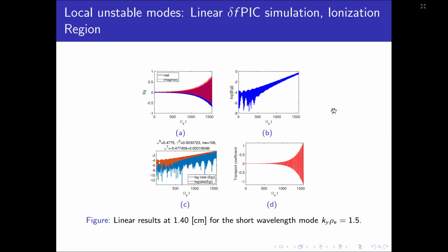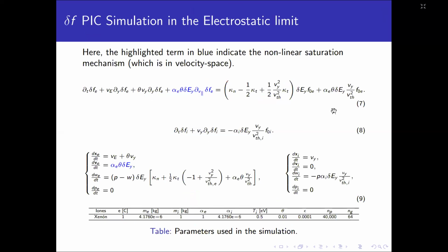As you can see here, I don't have the saturation mechanism yet. For example, I highlighted here in blue this nonlinear term that is responsible for the nonlinear saturation of the instability. So in linear simulation, I put this equal to 0, okay?